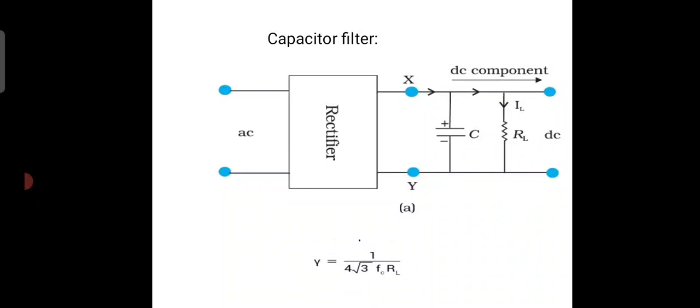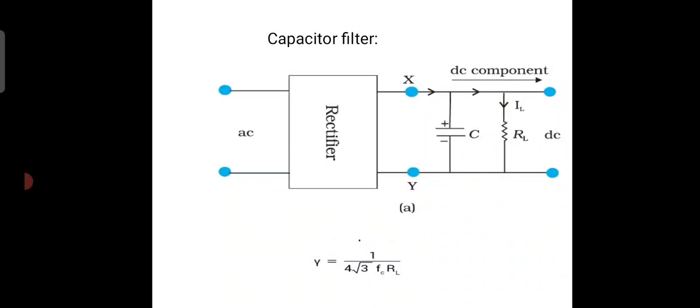We know that a capacitor will not allow a DC signal to pass through it, or the capacitor won't work for the DC signal. It is going to work only for the AC signal. Therefore there will be a process known as charging and discharging of the capacitor.